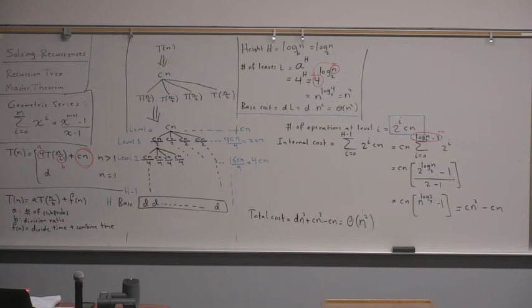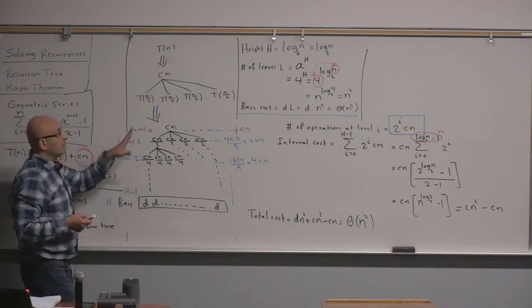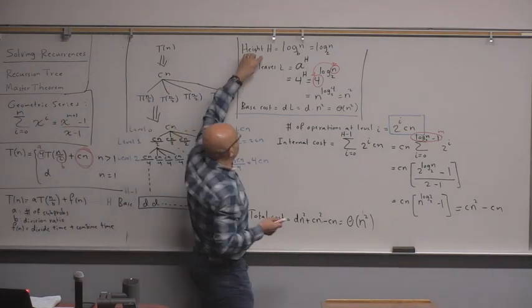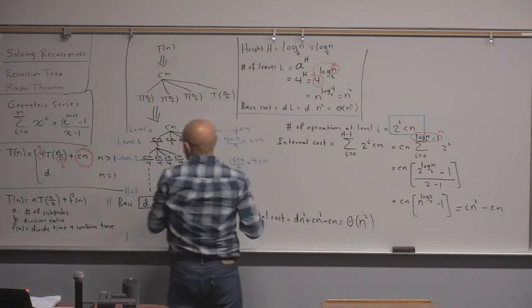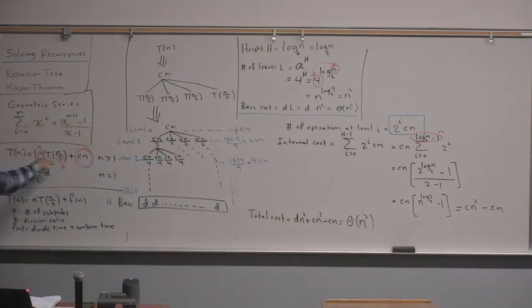Now, in order to calculate the total number of operations, first we calculate the height. The height is going to be log n base b. For any recurrence of this form, the height is always log n base b, and b in this case happened to be 2.